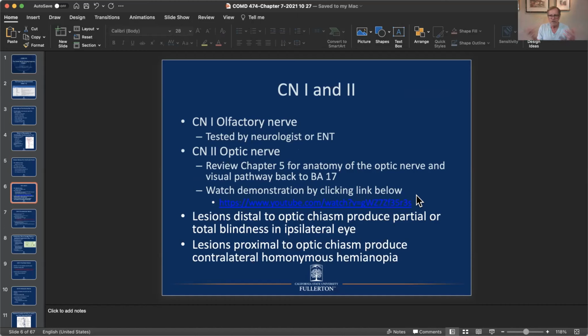This is a reminder of old information. Lesions that are distal to the optic chiasm, distal meaning away from the brain, and that would be the optic nerve we're talking about, lead to blindness, partial or total, depending how bad the damage is. If you cut an optic nerve, that eye is blind. Lesions that are proximal to the optic chiasm produce contralateral homonymous hemianopia.